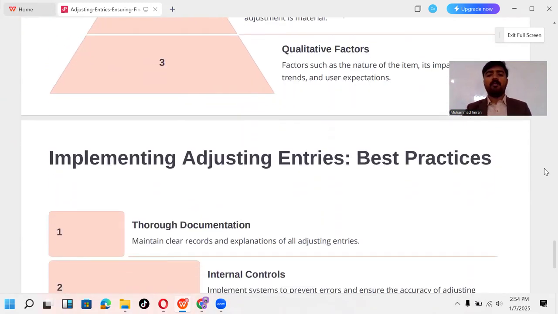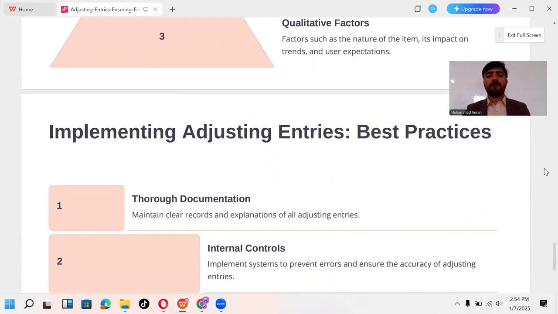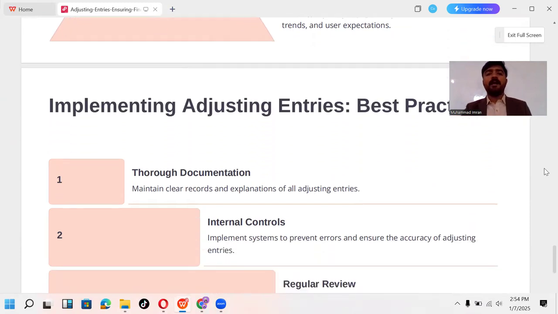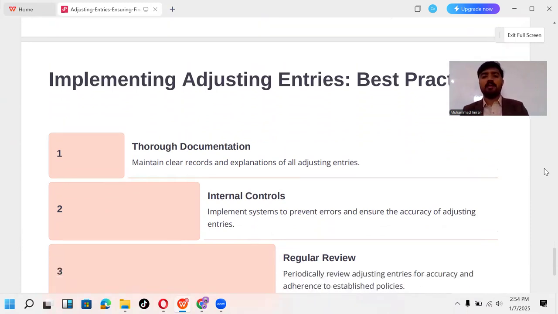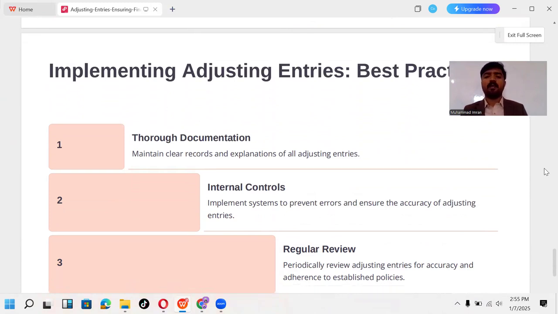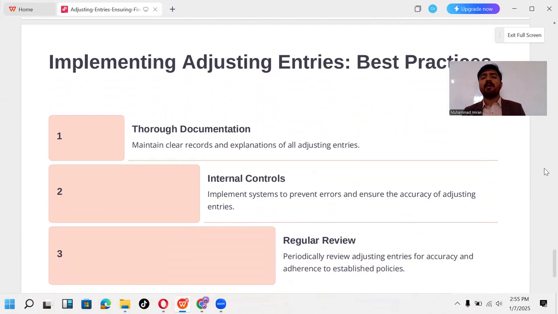And now we move to the implementation of adjusting entries. The implementation of these adjusting entries can be made through documentation, internal controls, and regular review. Preparing documents of these adjusting entries is necessary for having records to be used in the future.